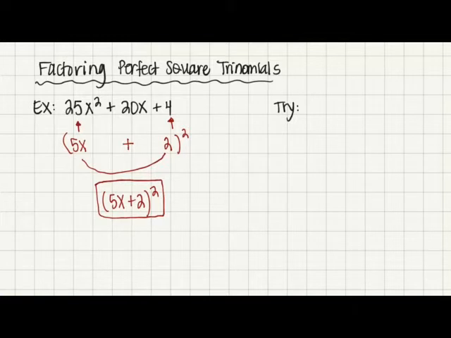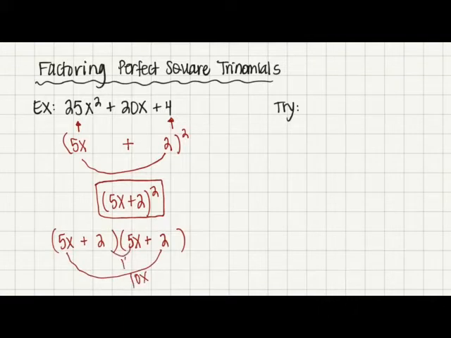Now you can also do this by trial and error. You can say what times itself is 25x squared, and you can try the 5x and the 5x, and then you can say what times itself is positive 4, and you can say 2 and 2, because we want to add to positive 20. We'd have two positive signs.